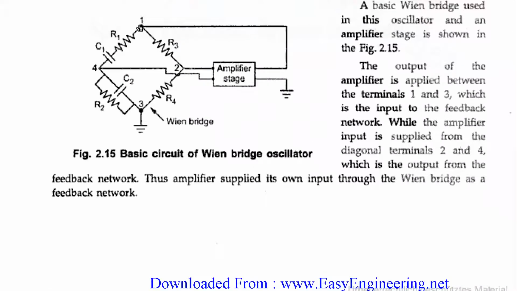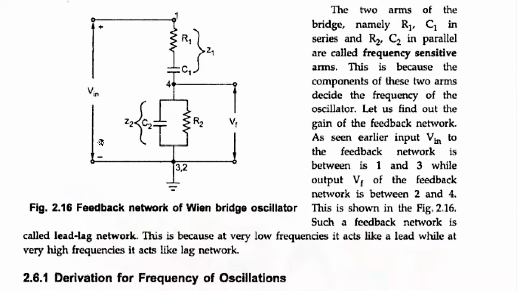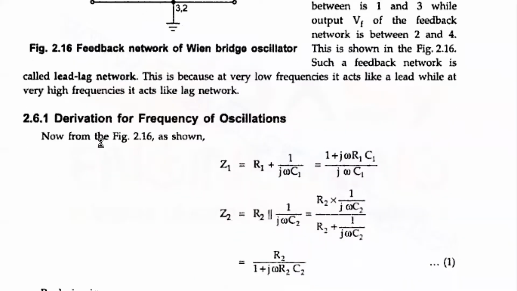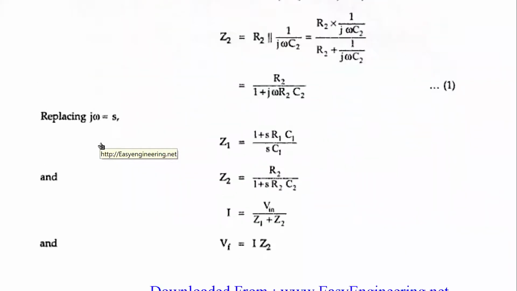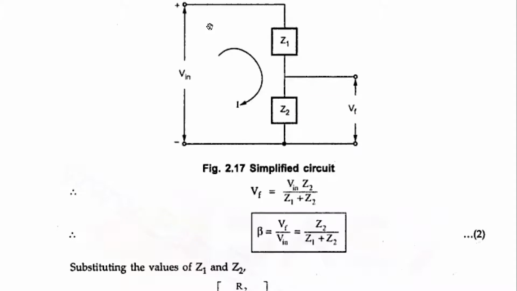Instead of calling it V in, the input of feedback, which is the output of the amplifier, you can call it V naught. Then you can call beta as VF by V naught, like how we did for feedback amplifiers. Any representation is accepted. Logically it should be correct. Anyway, you are getting the same formula.